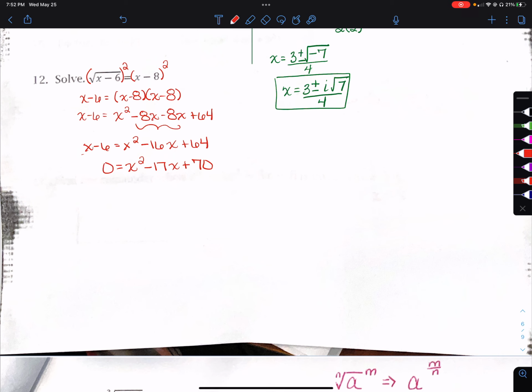All right, I want to see if I can find two numbers that multiply to 70 that add to negative 17, and that would be negative 7 and negative 10. So I would have x minus 7 and x minus 10. It said to solve it, so we get x equals positive 7 and x equals positive 10.